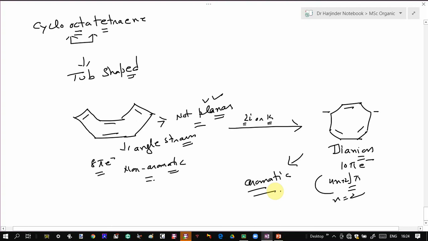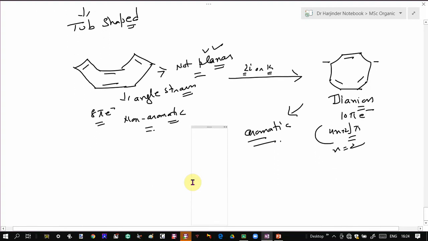And why does it acquire a planar structure in dianion form? Because here it has aromatic character, and the stability that arises from this aromatic character is much more than the angle strain present over there. So it acquires a planar structure and it is aromatic.